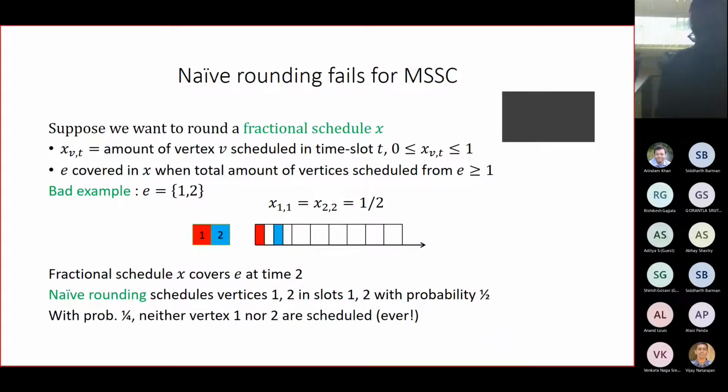So with probability 1/4, I will not schedule either vertex, and so with probability 1/4, this edge is essentially uncovered. You're effectively incurring an infinite cost with probability 1/4, and so this is arbitrarily bad. Any questions about this?